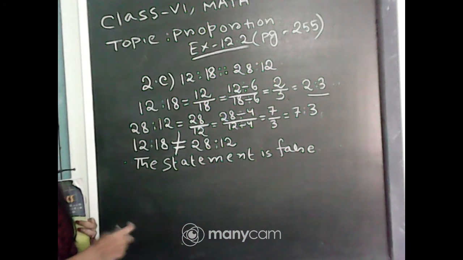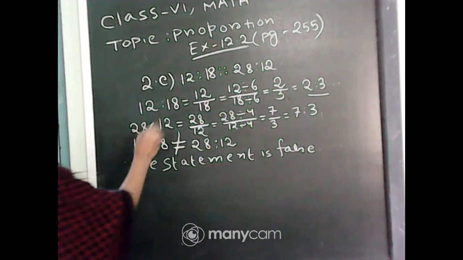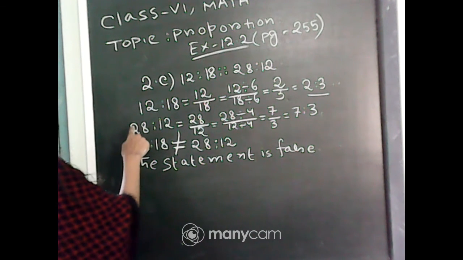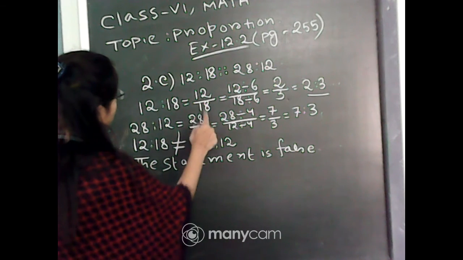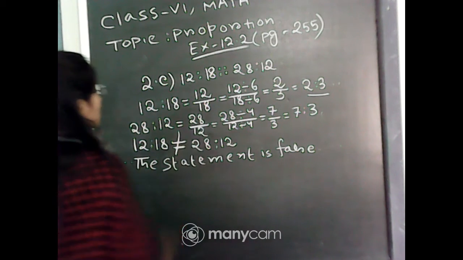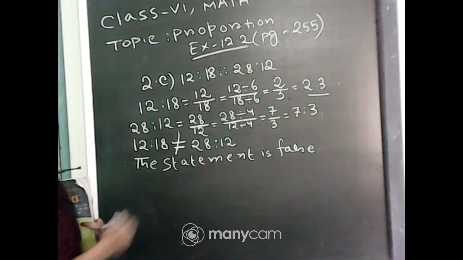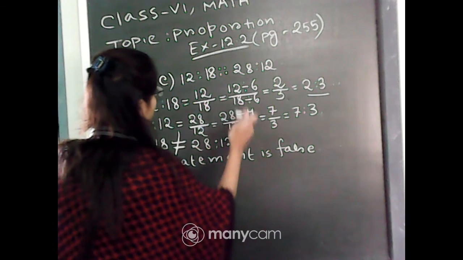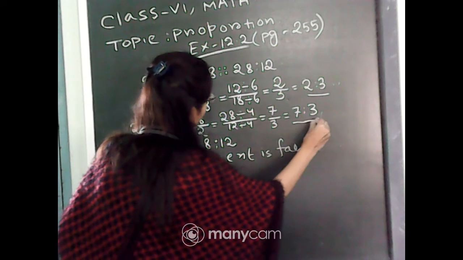Again, we find the ratio of 28 and 12. Now, 28 is to 12 is equal to 28 divided by 12. The HCF of 28 and 12 is 4. Therefore, we divide both the numerator and the denominator by 4, and we get the ratio 7 is to 3.